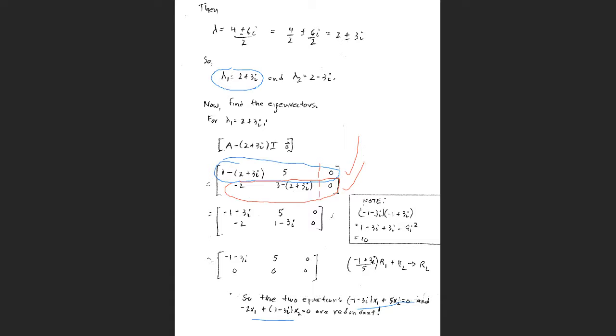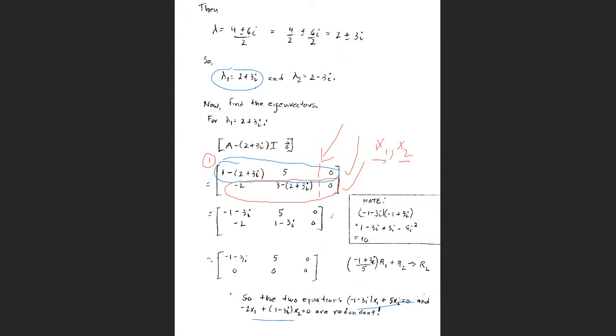And we only need to use one of these equations to find an eigenvector. In other words, to find the eigenvector, we need to solve for x1 and x2.